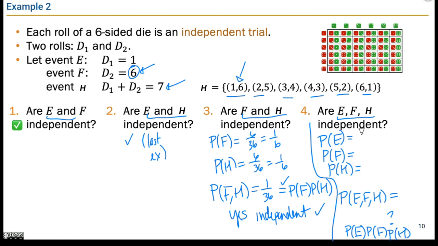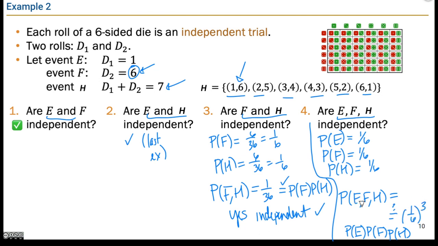Okay, so probability of E we already have, 1/6. Probability of F, 1/6. Probability of H, 1/6. So the product of all of these is 1/6 cubed. Now I need to see, does this equal 1/6 cubed? That's the question mark.